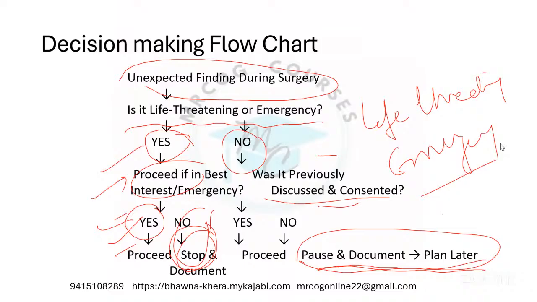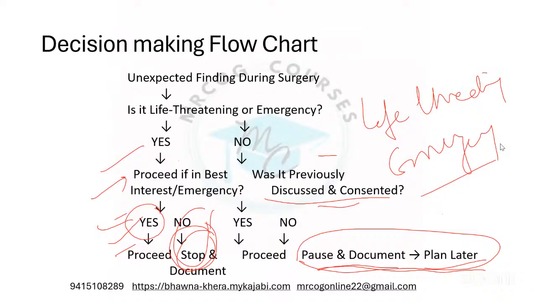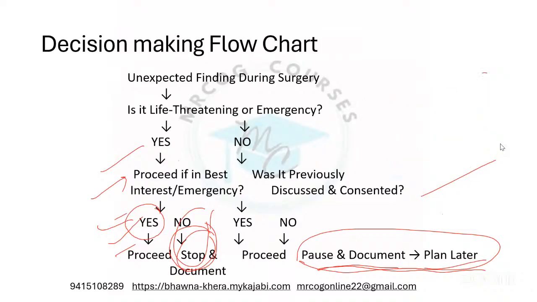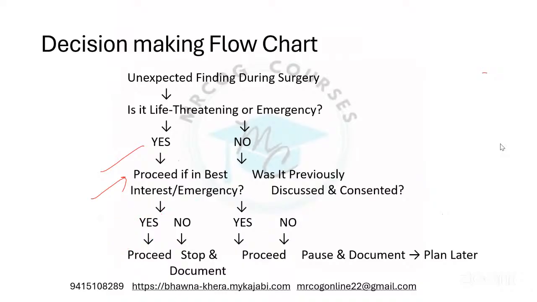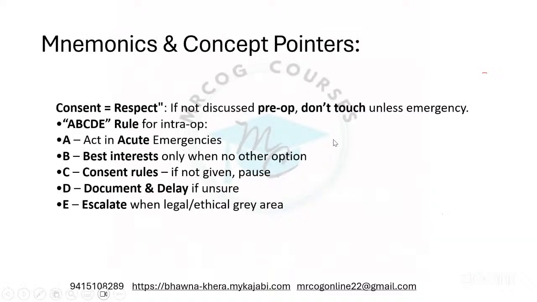Okay, any confusions about this? Does this flow chart help you understand how to answer these questions? Is it okay? Is it fine? Decision making flow chart. Any questions regarding this?